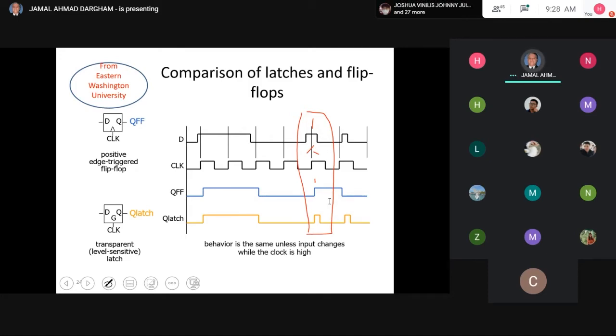Okay, when it's 1 here, it becomes 1 again, but then D changed to 0, and the latch output changed to 0, while the flip-flop output did not change because it will wait until the next clock here. It will only check the value at the clock. It does not check the value in between. The latch, no, it will check as long as the clock is 1. So as long as it is 1, it will affect the output. However, for the flip-flop, only at the edge.